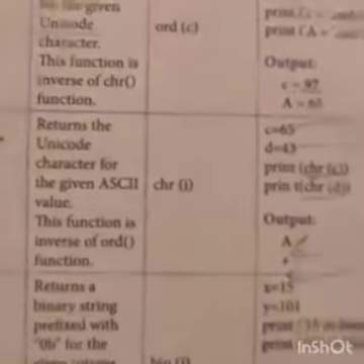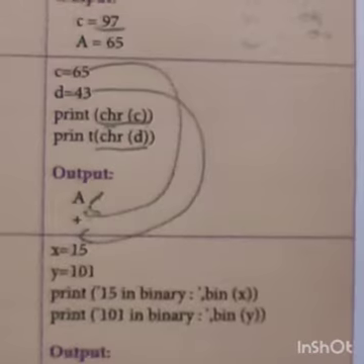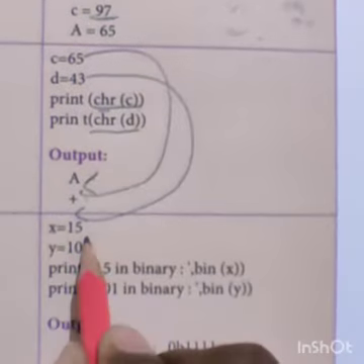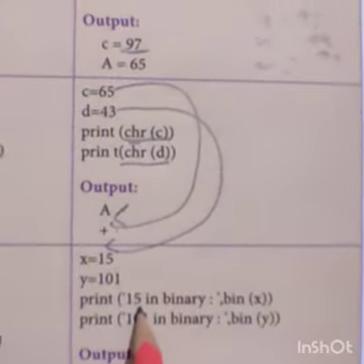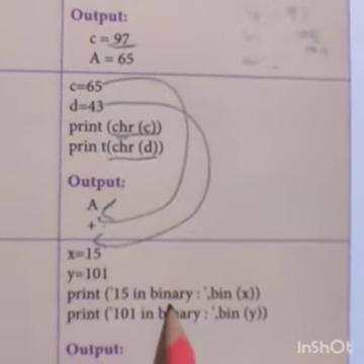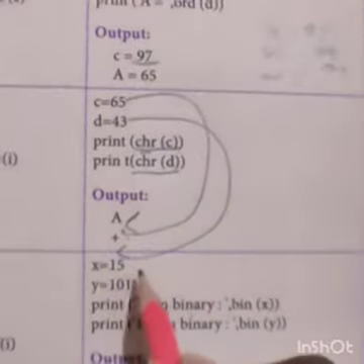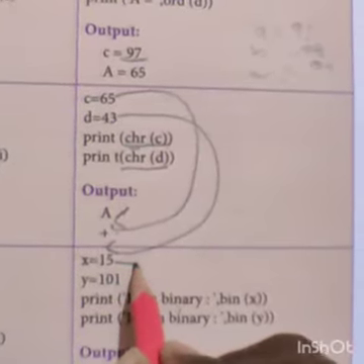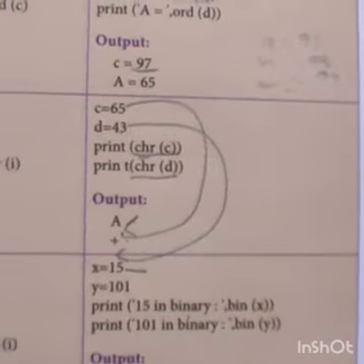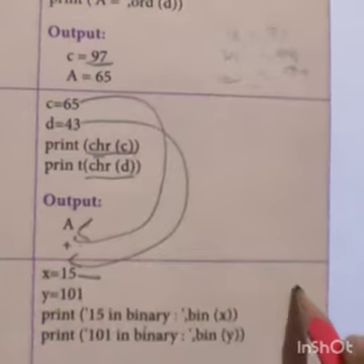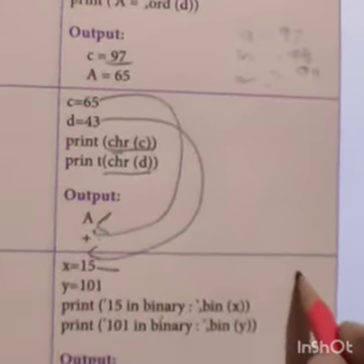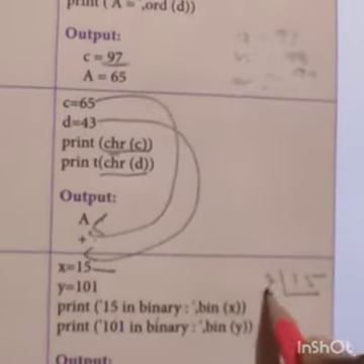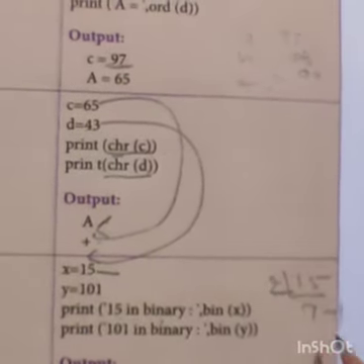Next, what is bin? See here, x is equal to 15, y is equal to 101. Print bin of 15. Binary means a binary number will come. Sir, how to convert to binary? You studied it in 11th standard, no? 15 divided by 2 gives 7 with remainder 1.